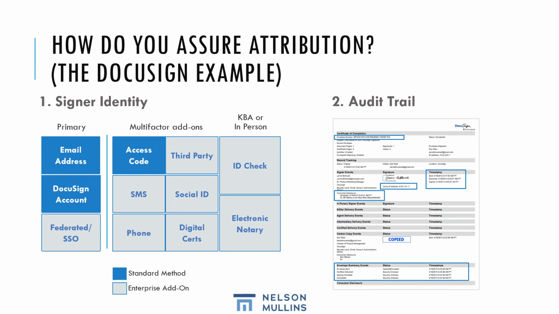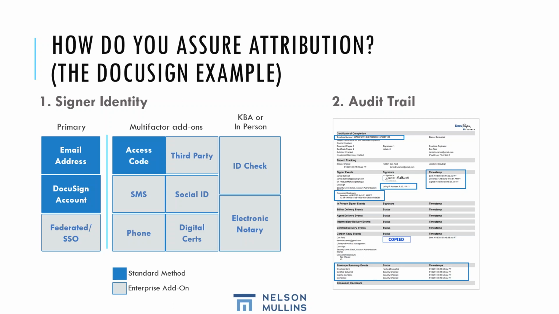For those who are going to be doing non-existing customers, meaning new customer PPP loans, you can then use some of the more elaborate options, such as third-party identity checks or knowledge-based authentication, meaning we're going to integrate with Trulioo, we're going to integrate with Ideology, we're going to integrate with some of the other document or identity certification services to do that authentication.